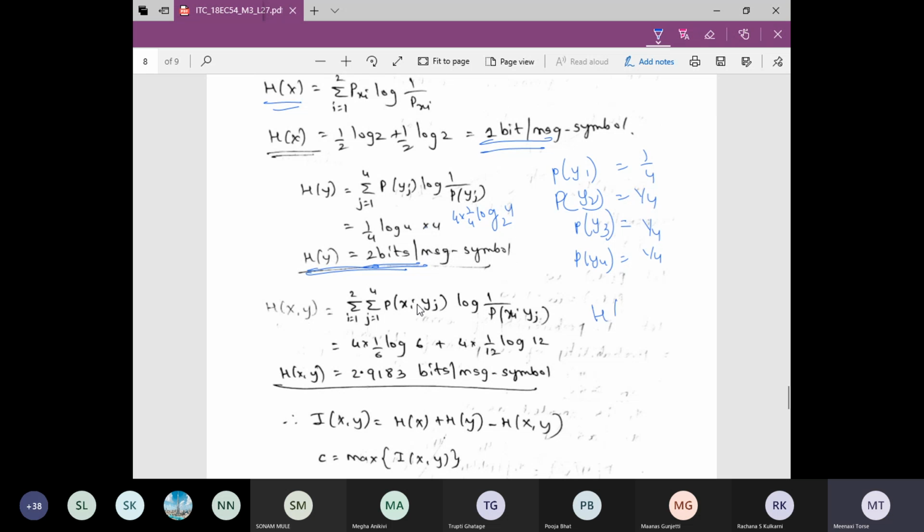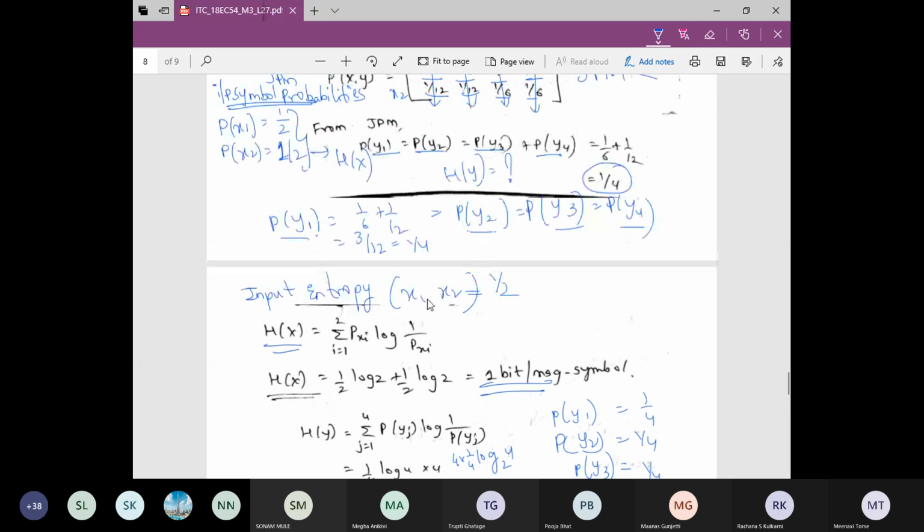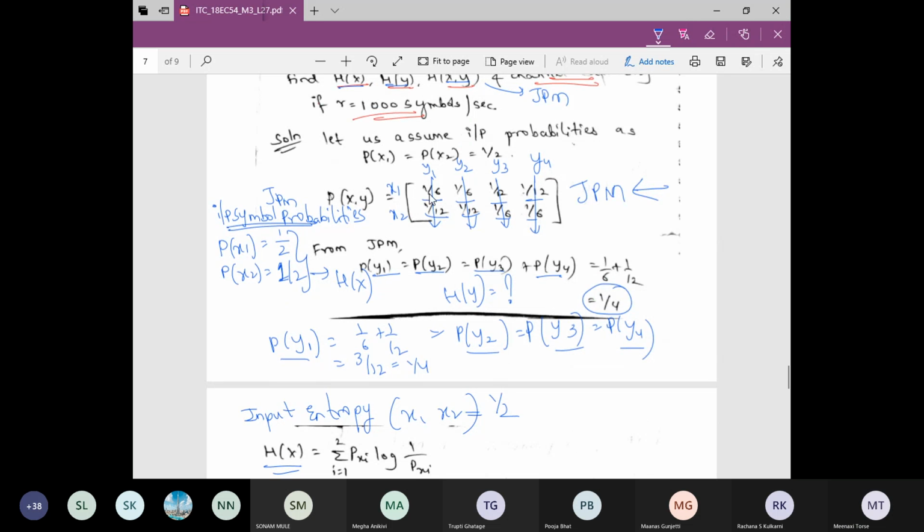Now we can compute H of x comma y by referring to the JPM. What are the elements of the JPM? 1 by 6, 1 by 6, 1 by 12, 1 by 12.